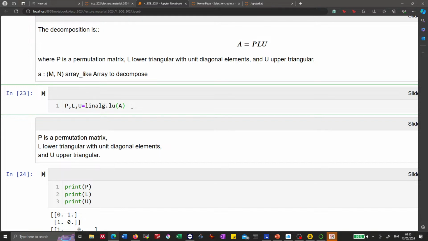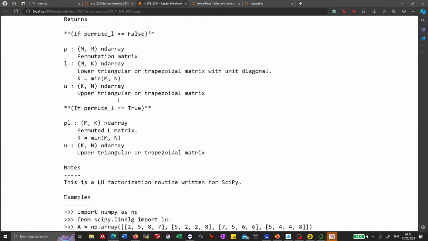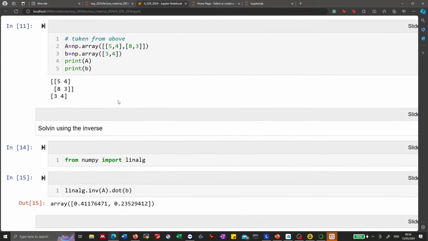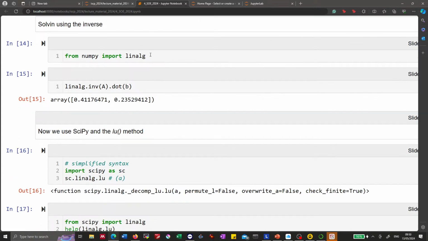You need to be very, very careful because I imported linear algebra from NumPy over here, right? Where is it? Here. Now I import SciPy and I ask, hey, what is SciPy linear algebra?